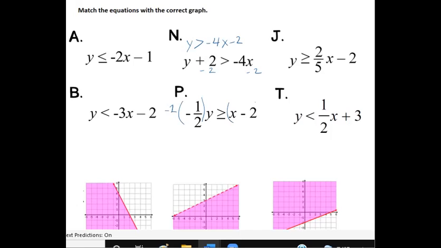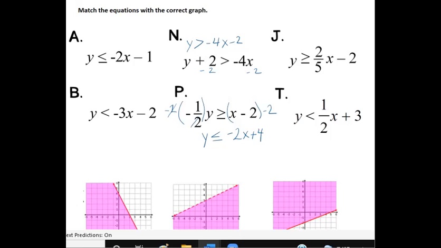I'm going to have to multiply everything over here times a minus 2. When I multiply by a negative, I need to switch this sign. So this will now be y less than or equal to negative 2 times a negative 1/2, which ends up being just 1. Over here, we'll have to distribute this negative 2. So negative 2x, and then a negative 2 times a negative 2 is a positive 4. And then this one looks good too.